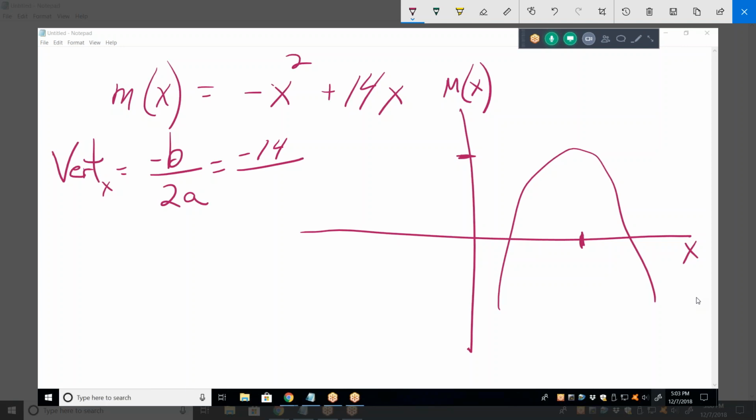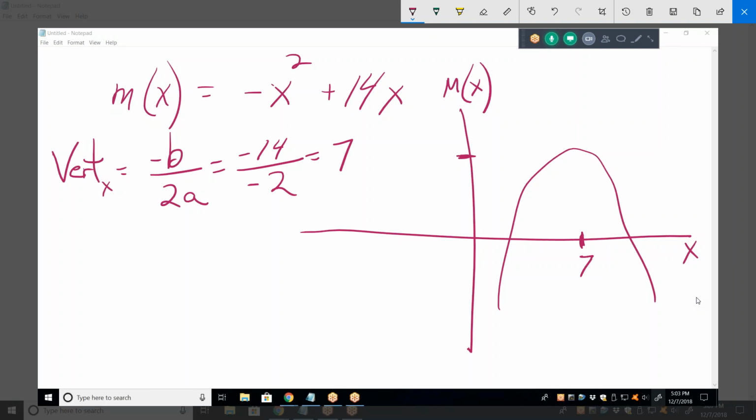Remember, these a, b's, and c's are never the x's. They're always their coefficients. It's negative 1. Okay. Times 2, negative 2. So the x coordinate of the vertex happens when x is equal to 7.